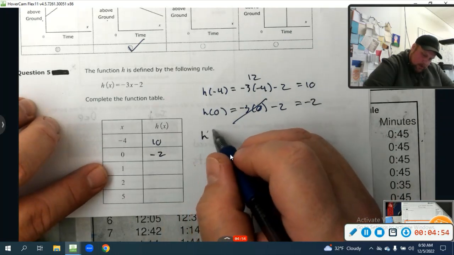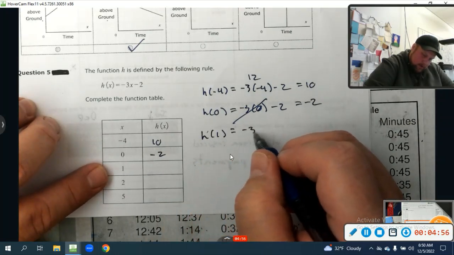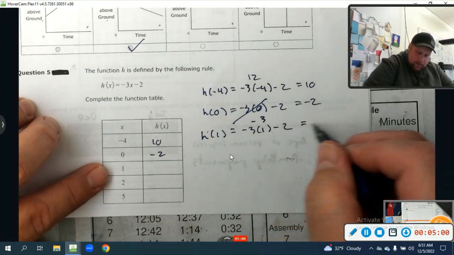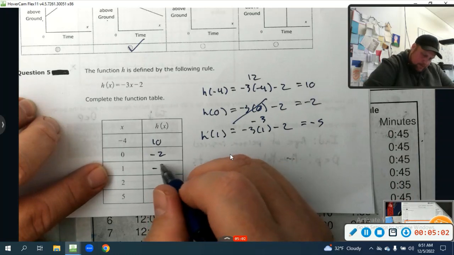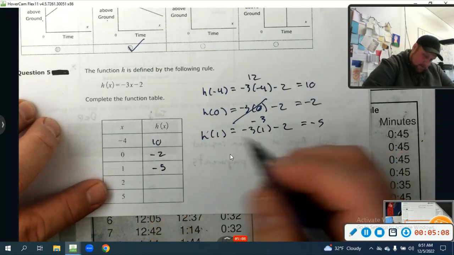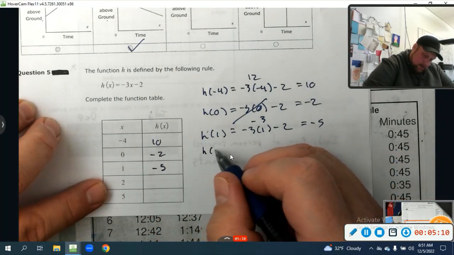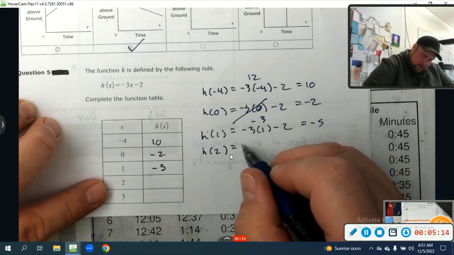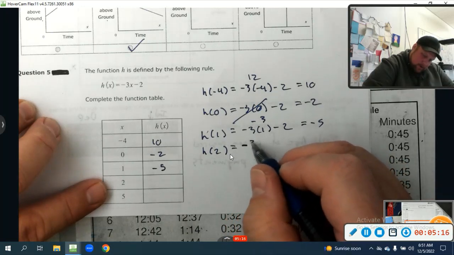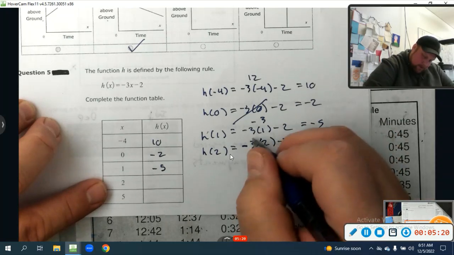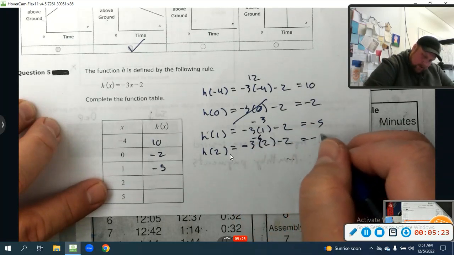H of 1 equals negative 3 times 1 minus 2, which is negative 3 minus 2, or negative 5. I bet this is going to be negative 8. But we'll see. H of 2 equals negative 3 times 2 minus 2, which is negative 6 minus 2, or negative 8.